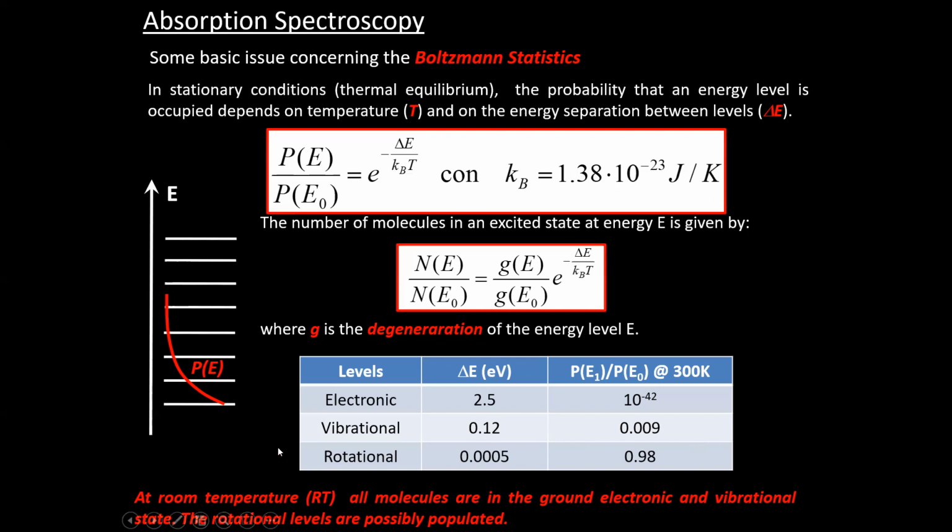So what we understand is that at room temperature, that is the temperature at which we operate normally in biology, because if you want to study tissues at cryogenic temperatures, you don't have living tissues any more, all the molecules that you use to stain or label the biological media are in the ground electronic and vibrational state. And possibly you can have rotational levels occupied. Okay?